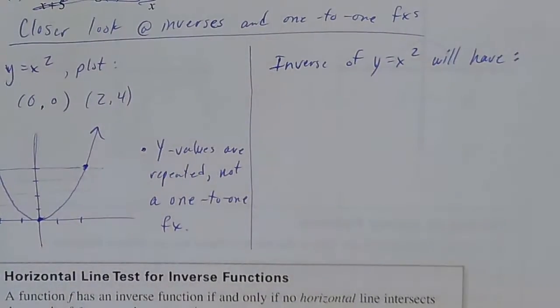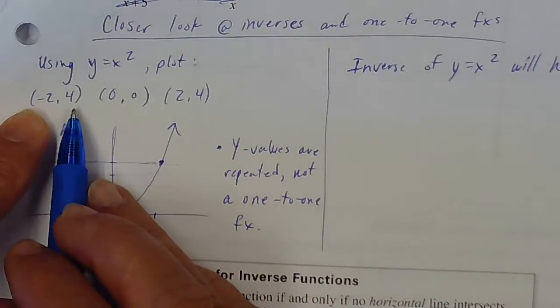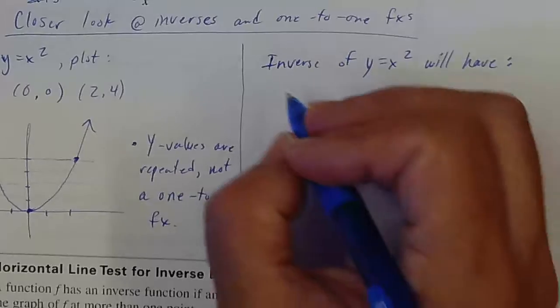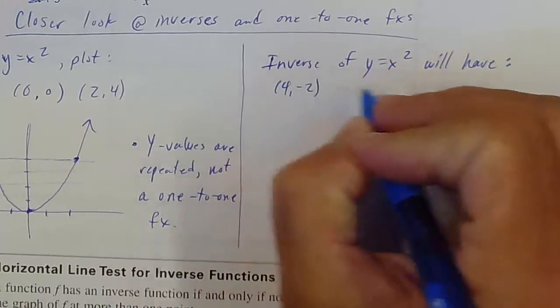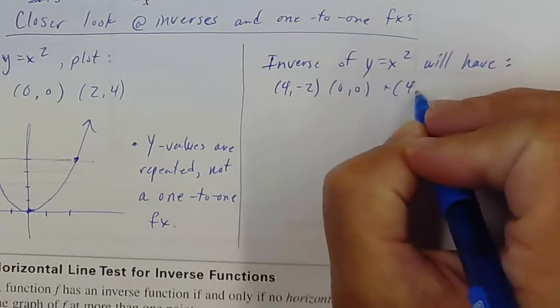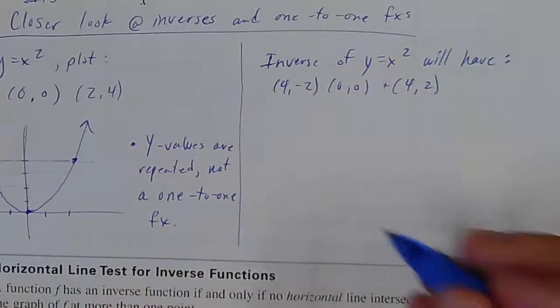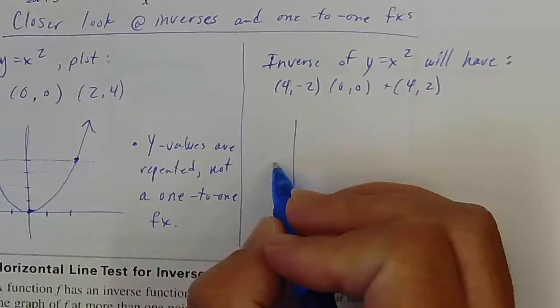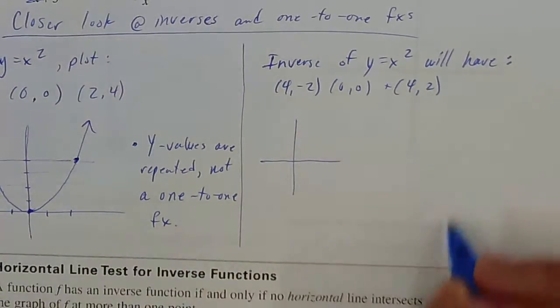We learned this yesterday. Take the ordered pairs and flip them around. It's going to have (4, -2). It's going to have (0, 0), and (4, 2). Okay, I'm going to make this graph a little smaller so I can fit some notes over here.